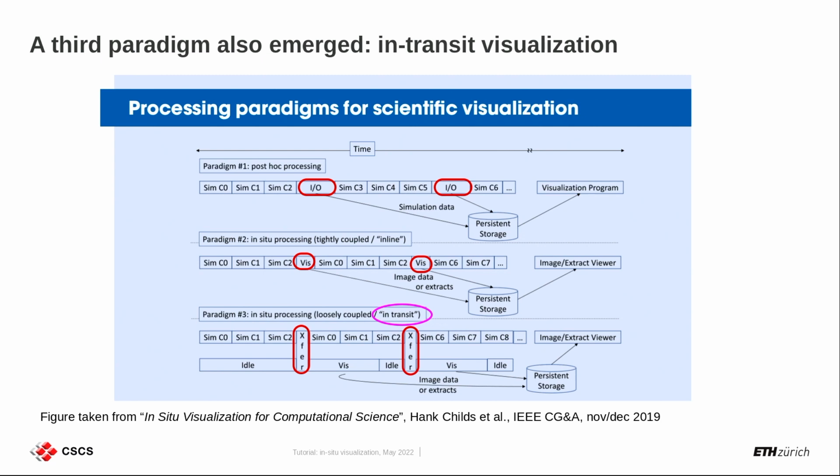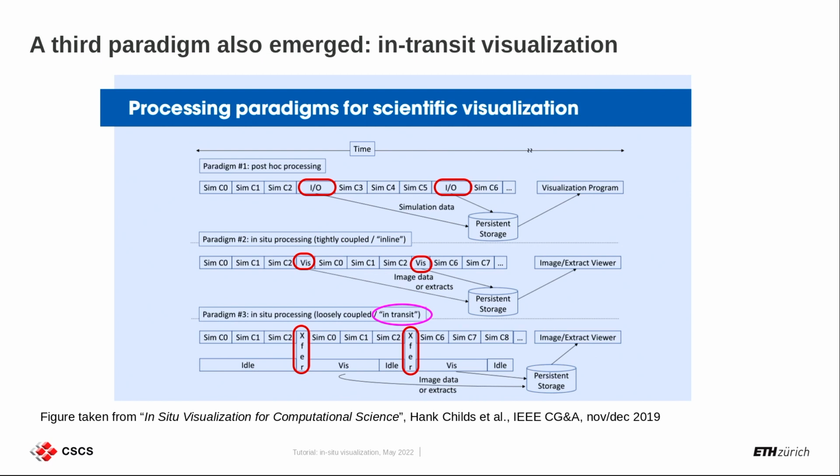In the inline visualization paradigm, we stop the simulation every n step, we apply some visualization, and then we save that to persistent storage. With in-transit paradigm, we use a secondary set of compute resources. We transfer the data to that second set of compute resources, and then we apply visualization.